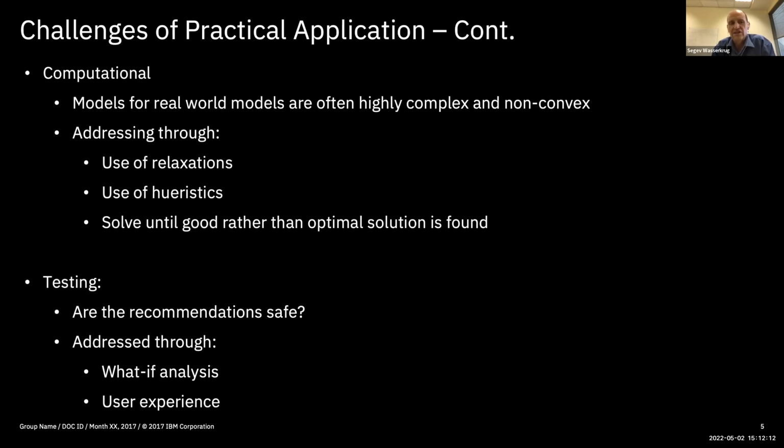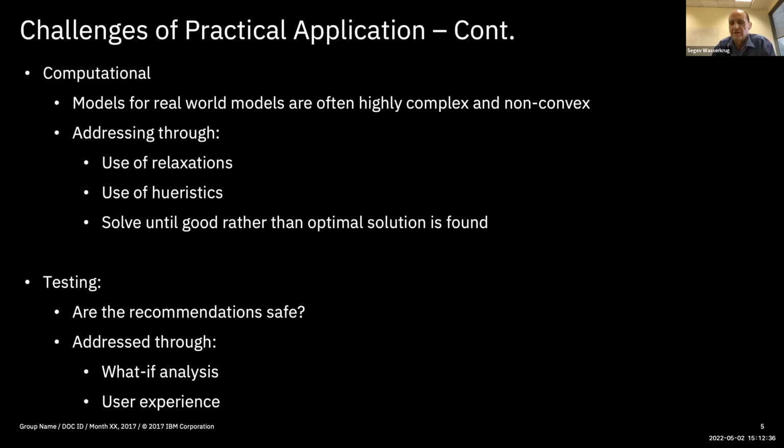And also there's challenges around testing. Typically the goal of these systems is to produce recommendations that are sufficiently different from what the user is currently doing. So how can the user get any intuition on what these recommendations will be doing? Will they be safe?